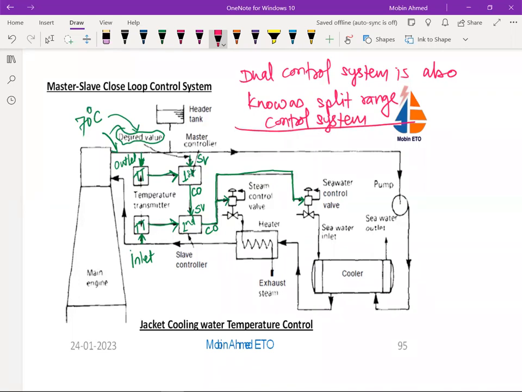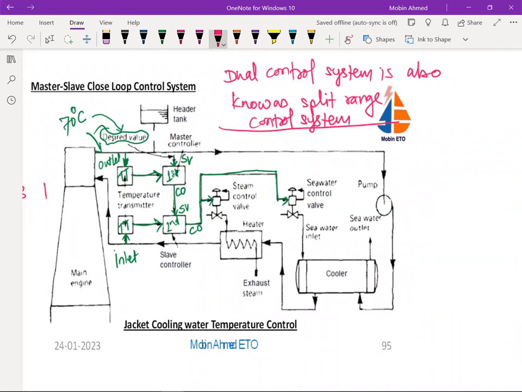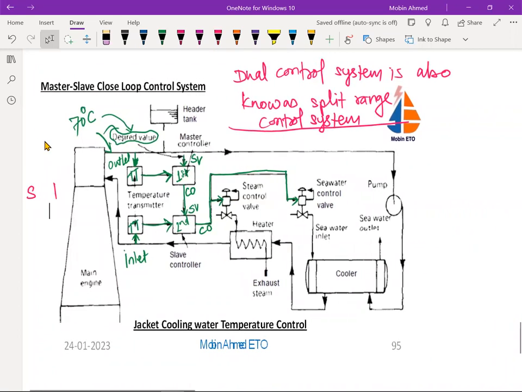Now remember the main engine, when it is in the stop condition. Suppose it is in the stop condition, so the main engine is stopped.